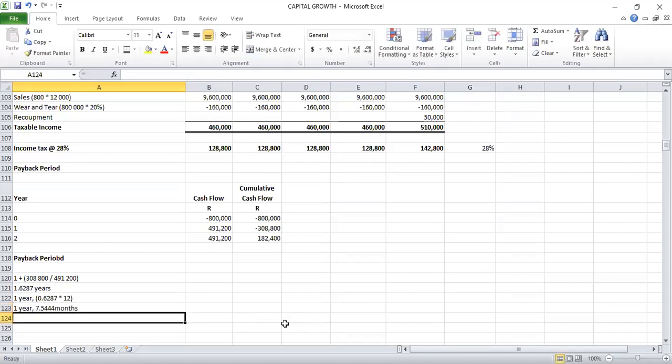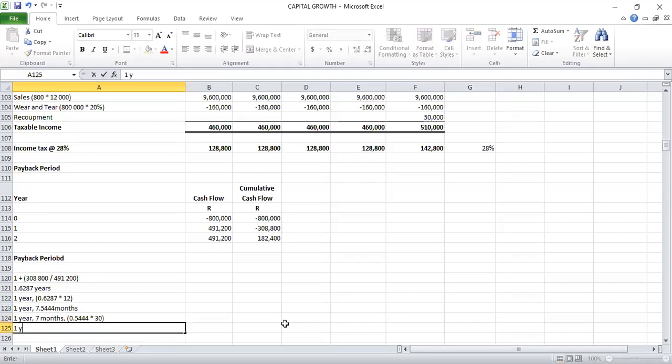And if you want to express it in years, months, and days, it will be 1 year, 7 months, then 0.5444 multiplied by 30. We just assume that the average days in a month are 30.